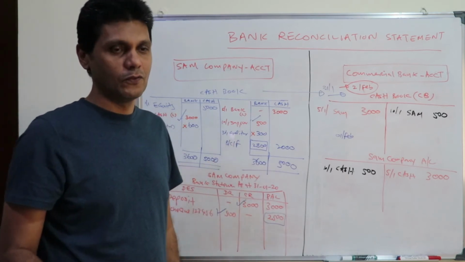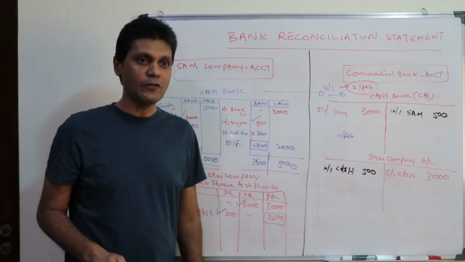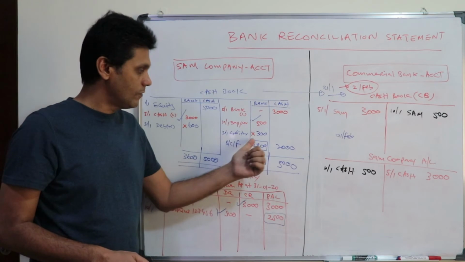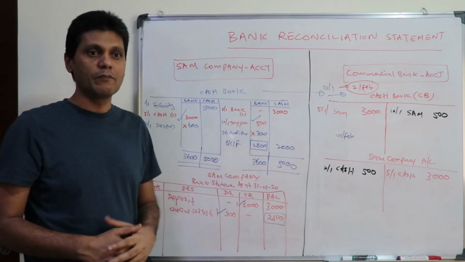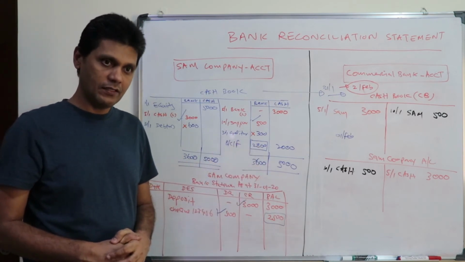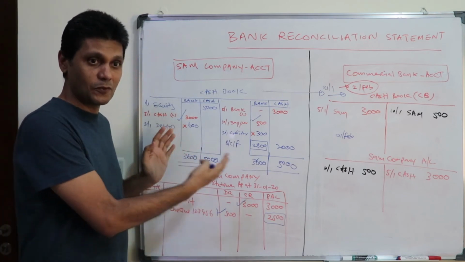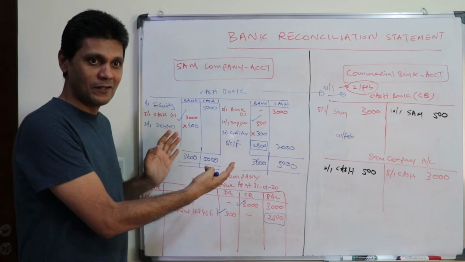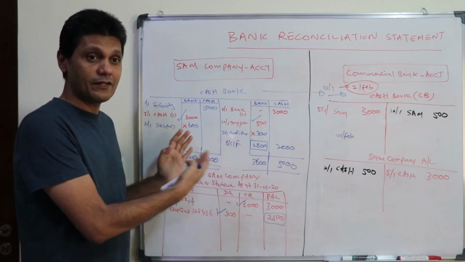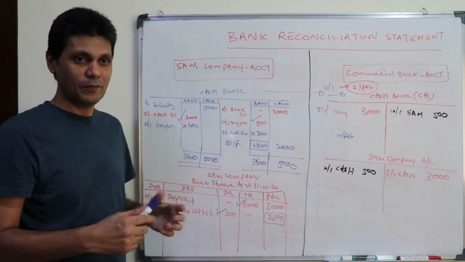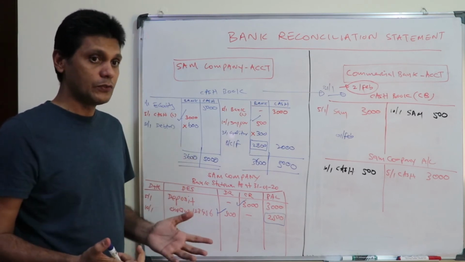In that case, can you explain to him, we deposited 600, and we issued a check, not gone to the bank? Can you explain like that? No, there will be a number of transactions. I took only 2 transactions. If there are 100 transactions, can you explain it like that? No, you can't do that. It's not practical.